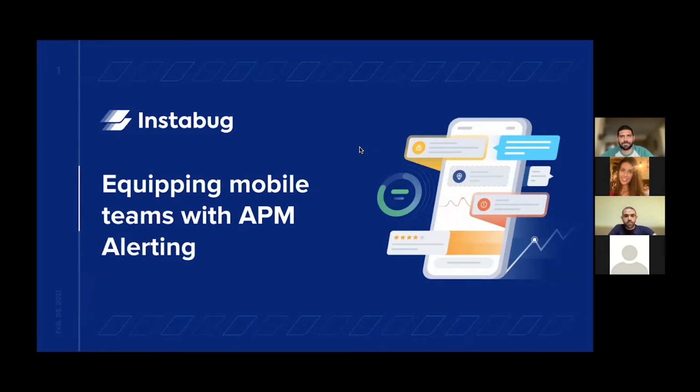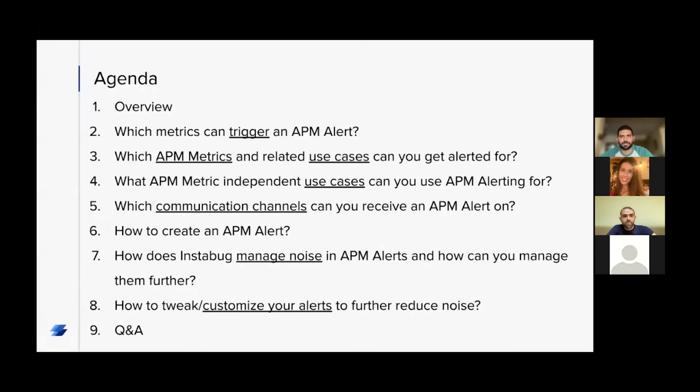So first, let's go through the agenda. We're going to have a quick overview of APM and how alerting falls under the umbrella of APM as a product. Which metrics can you get alerted for, and which APM metrics and their use cases. The generic use cases you can use APM alerting for to improve your mobile app performance. How can you receive those alerts, through which communication channels.